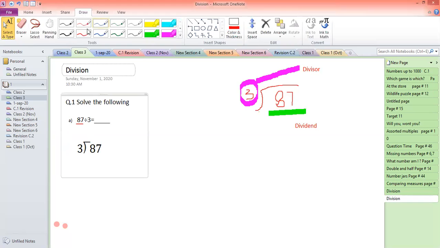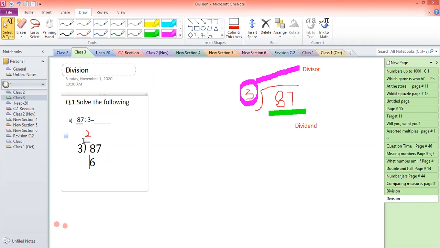I will take help from this drawing for writing this. There are 2 3's. Now I multiply this 3 by 2. 3 multiplied by 2 equals 6. Just write it exactly below this number 8, because you checked in 8 how many 3's are there.